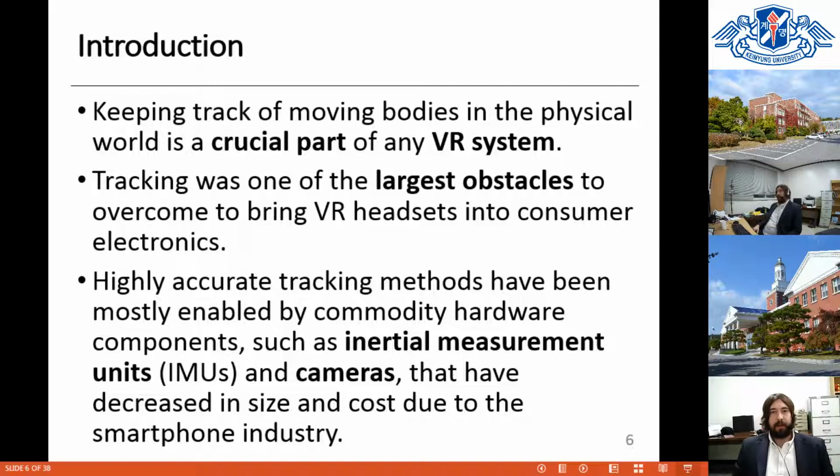So highly accurate tracking methods have been mostly enabled by commodity hardware components such as inertial measurement units, which are actually used for stabilization. As you know, many cameras nowadays have these units integrated inside the camera. Moreover, cameras were also used, and their size and cost decreased due to the development of the smartphone industry.